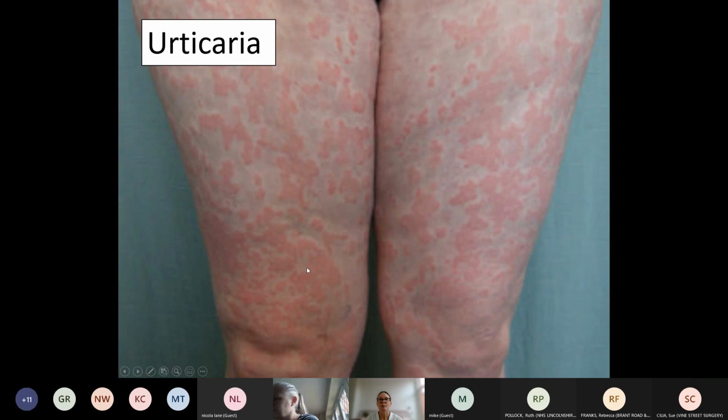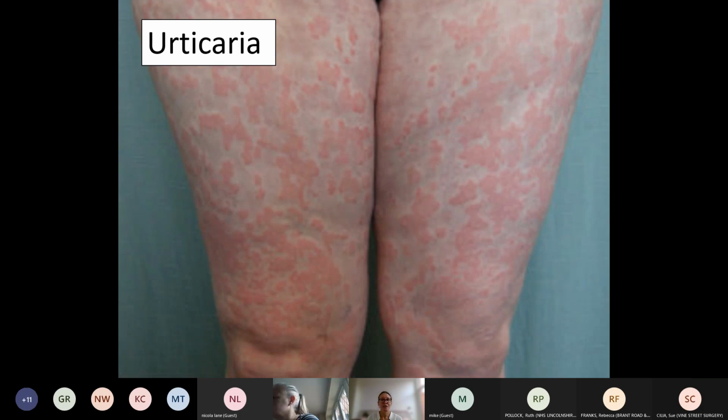I think someone put something interesting in the questions when we were doing the history, when they said, what does it look like? In urticaria, that's really useful to ask people, because you can say to people, does it look like when you get stung by a nettle? Most people know what nettle stings look like, and it's the same kind of reaction that we get here.